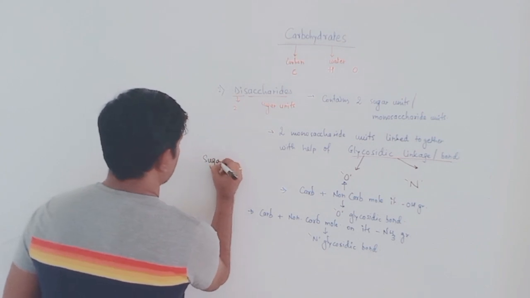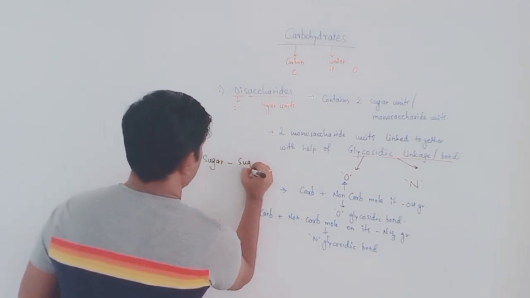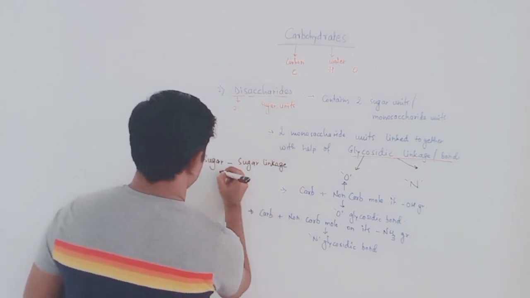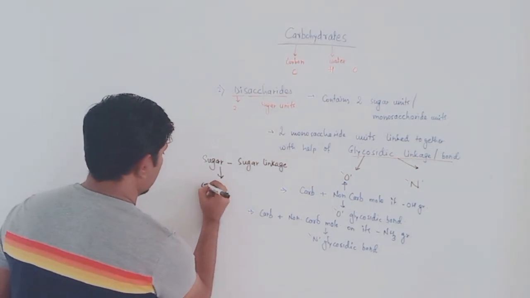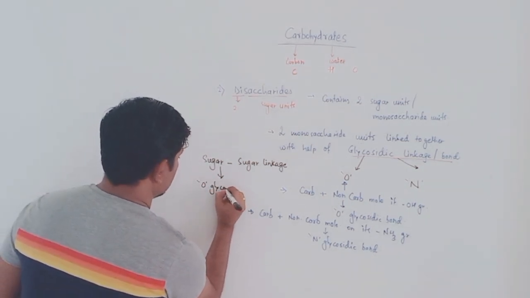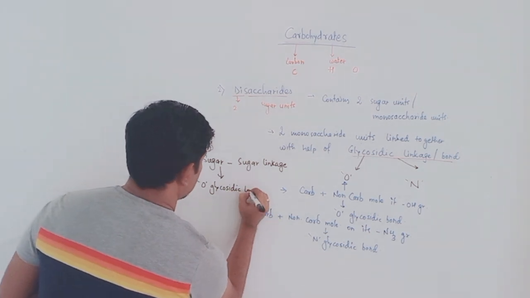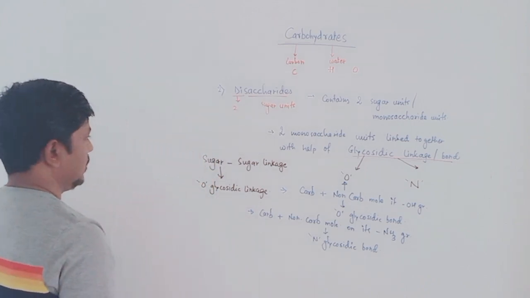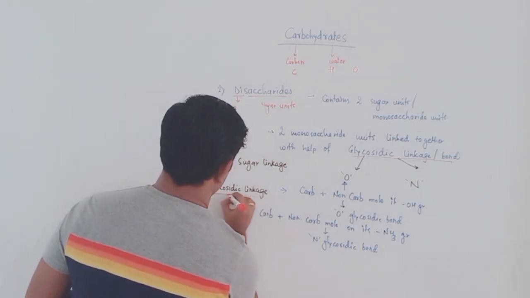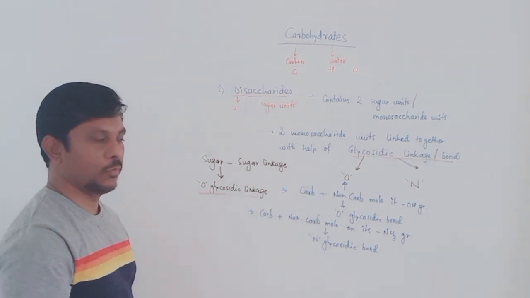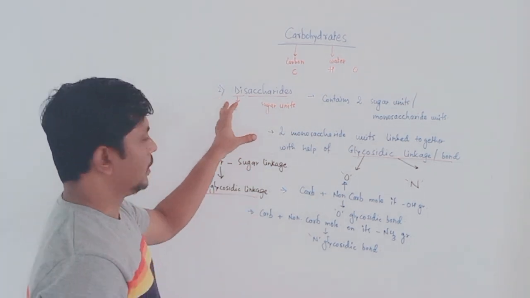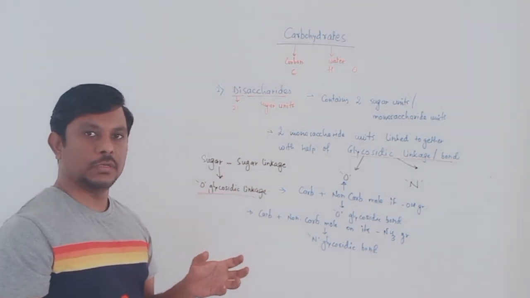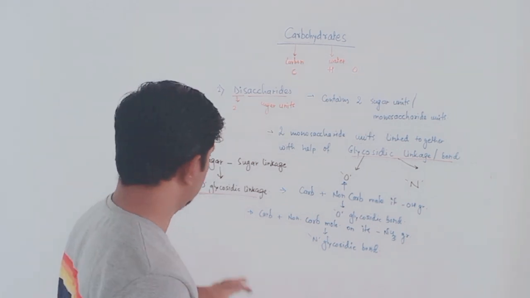Sugar to sugar linkages are O-glycosidic linkages. So whenever we see a disaccharide molecule, we will always consider that this disaccharide is formed by two monosaccharide units linked with an O-glycosidic bond.